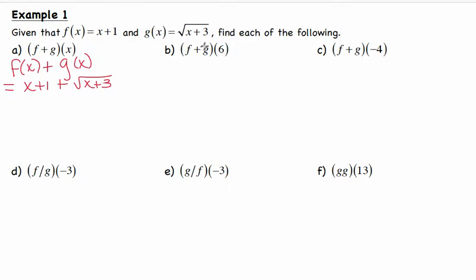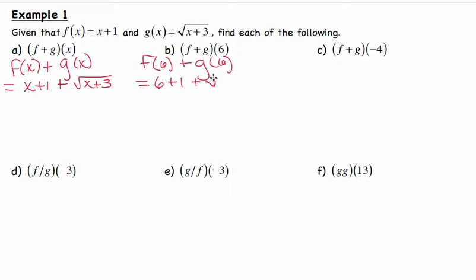Okay, the next problem, B, is saying to not only add your functions together, but also sub in a 6. So expand it out. That looks like f of 6 plus g of 6. And my function f with a 6 subbed in is 6 plus 1.